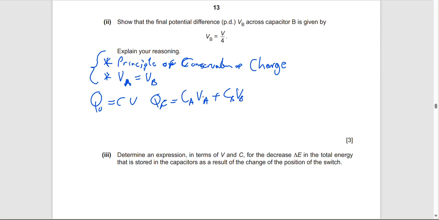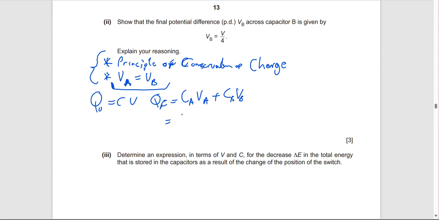But we know that VA is equal to VB, remember, from this. After capacitor A charges capacitor B, the potentials will become equal. That is the only way the charging will stop.